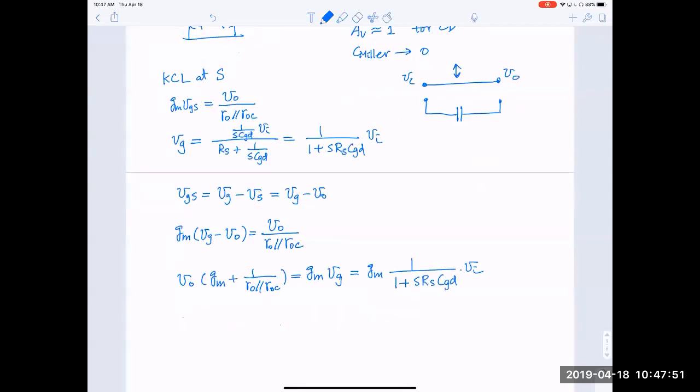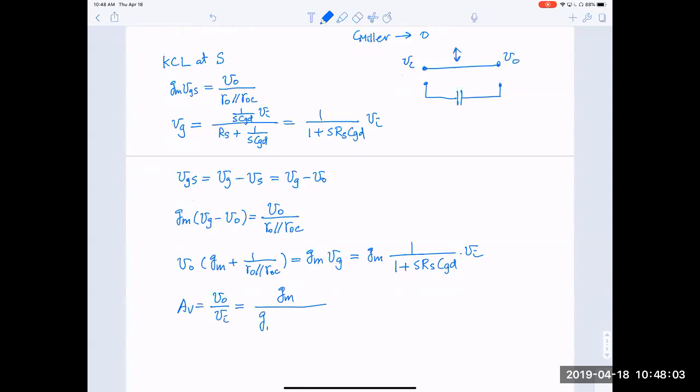So now we have our full voltage gain, AV equal to VO over VI. This is equal to gm divided by gm plus 1 over RO parallel ROC, times the low pass response, 1 over 1 plus j omega RS CGD.